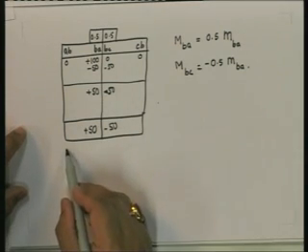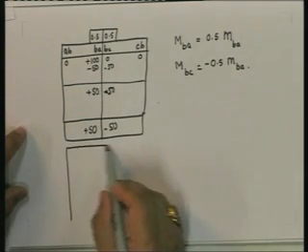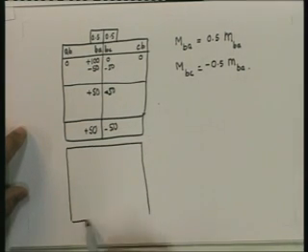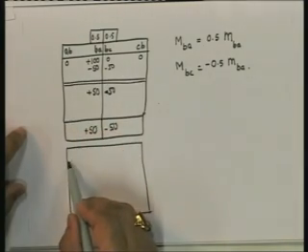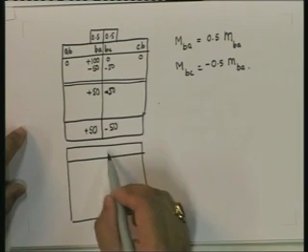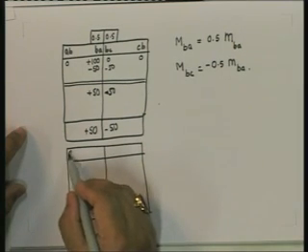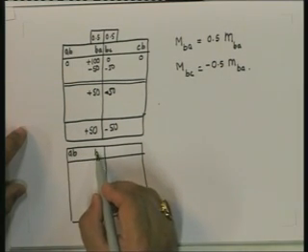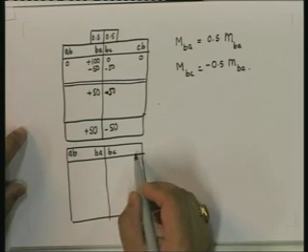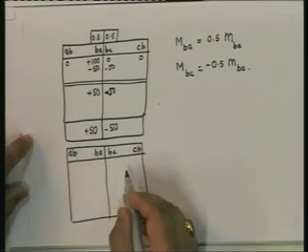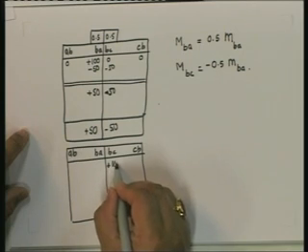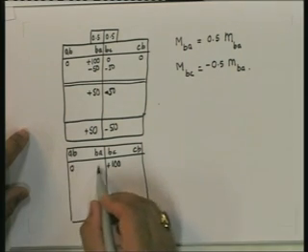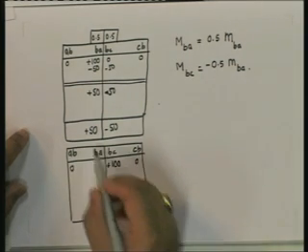Let us now do the same thing. Another moment distribution where A, B, B, A, B, C, C, B. And now I'm doing the fixed end moment at BC. So I'll do plus 100. This is 0, this is 0, this is 0.